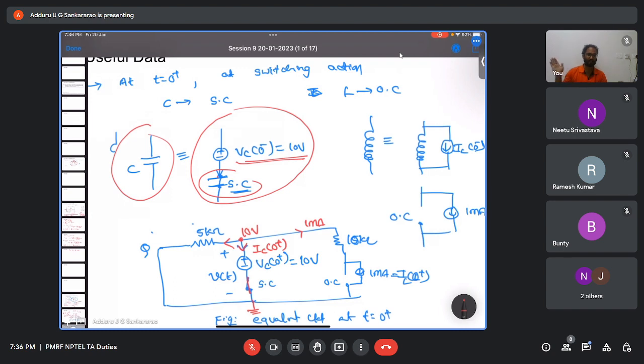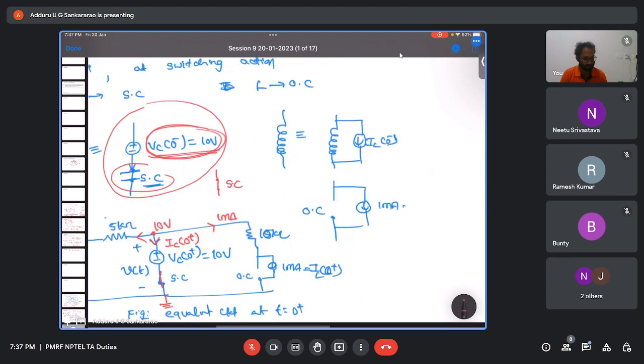The switch was connected to P for a long time, so there is an initial voltage on the capacitor that cannot change suddenly. That's why I'm keeping a series voltage here. If they say the initial voltage across the capacitor is zero, then you just replace the capacitor with a short circuit. That's it. No need to write this one.